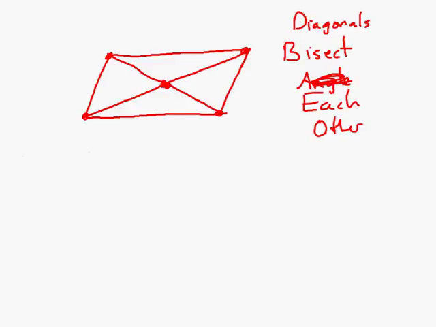Now, I wonder if we could prove that. So if we have a parallelogram, then we have those sides are congruent. This would be a transversal, okay? So that means I have alternate interior angles, and this is a transversal, which means I will have alternate interior angles right here.